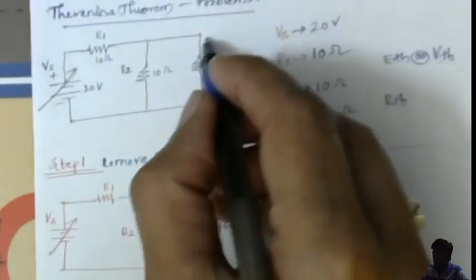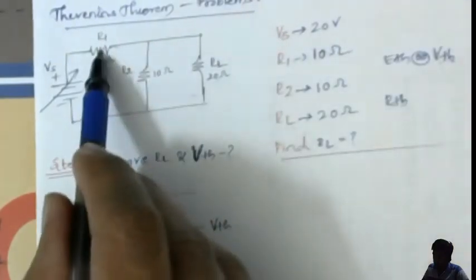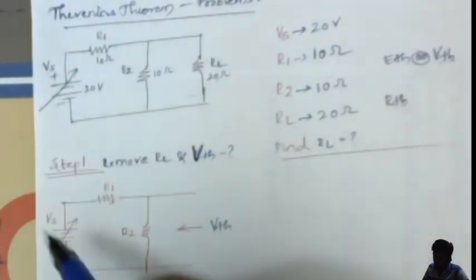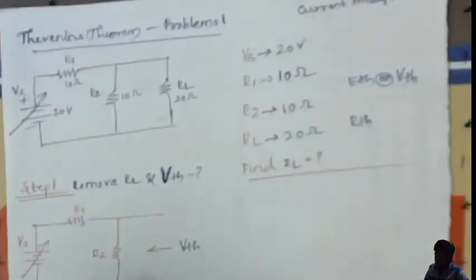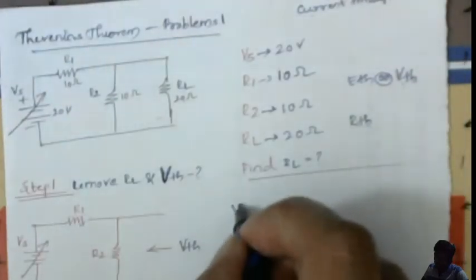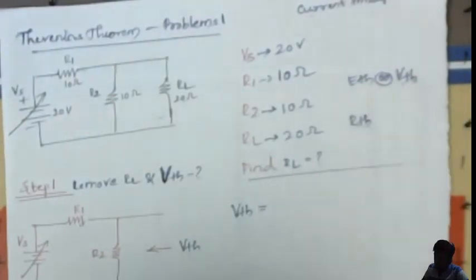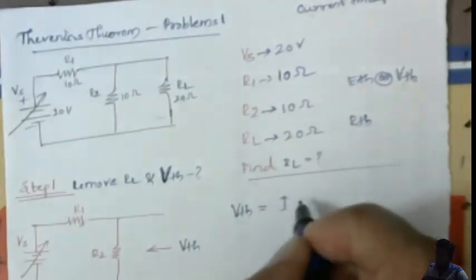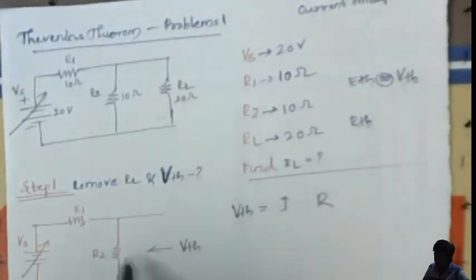The RL can be removed. You will get two resistors and one independent source. Now VTH is equal to I into R. Here the voltage across R2 is nothing but VTH.